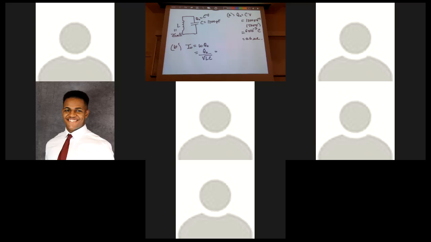So this is 0.6 microcoulombs divided by the square root of 75 times 10 to the minus 3 times 1,200 times 10 to the minus 12. What I get is that the maximum current is 63 milliamps. So this is my maximum current that's going to be flowing through my system.